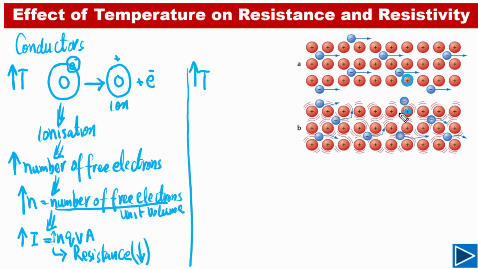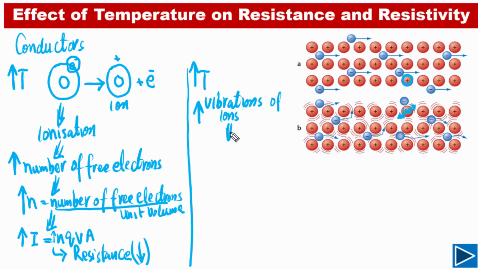Now when temperature increases, it starts vibrating, so it is covering this area, so the effective area increases. So the vibrations of ions get stronger, they are vibrating more.